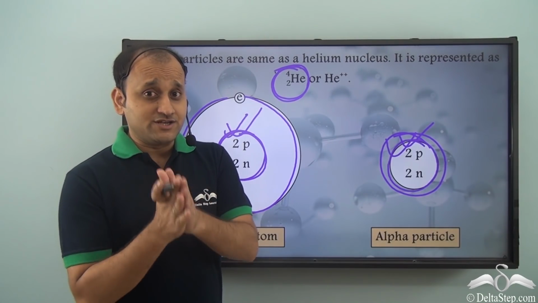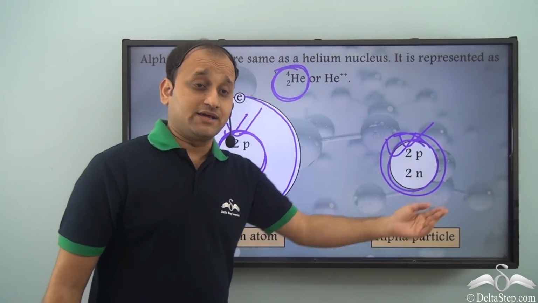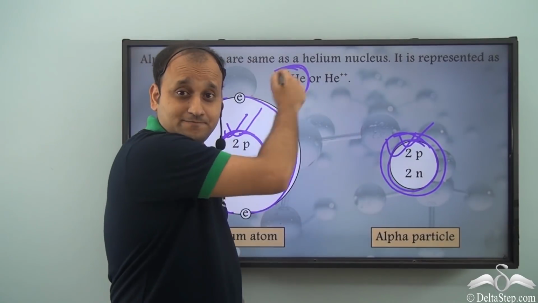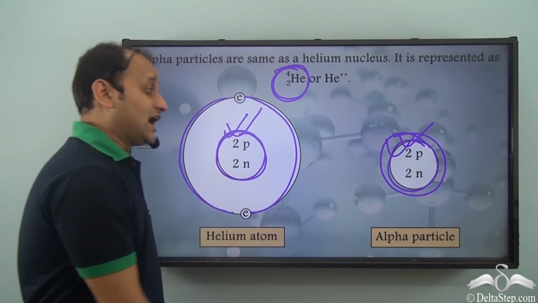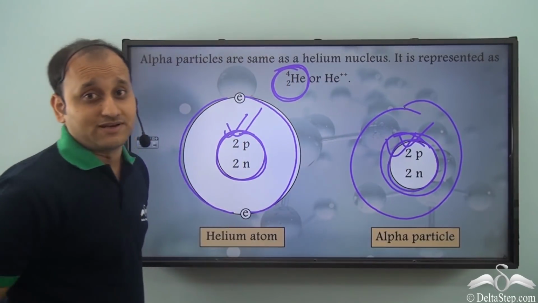Now another point to notice is that in the case of helium and alpha particles, the nucleus is the same. The only difference is that the alpha particle does not have any electrons orbiting it.